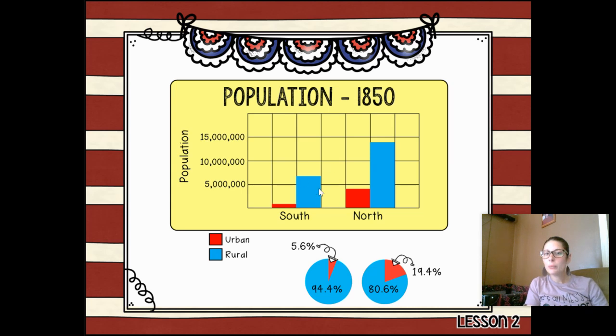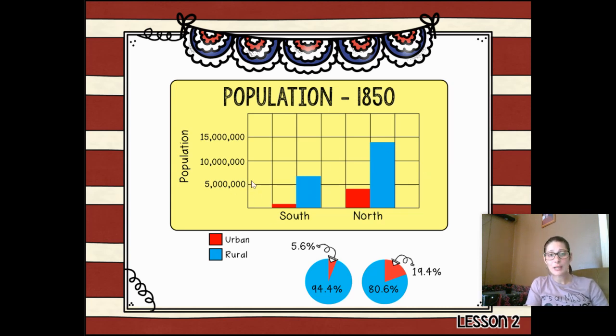They have 7 million people living in there. But guys, look, they only have like 1 million living in big cities. That's not a lot. But look at the North. In the big cities, the North has 4 million living in the big cities, and they have 14 million living in the rural parts. So the North makes up for a lot more population than the South does.